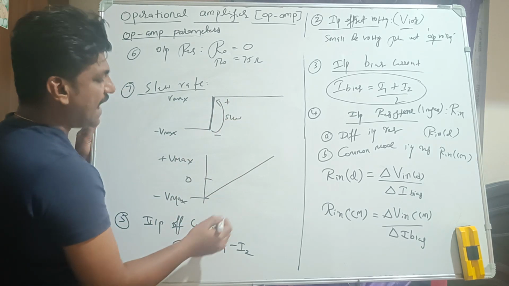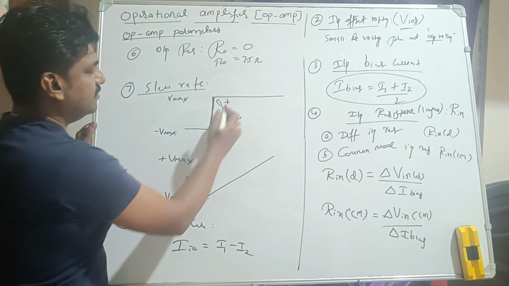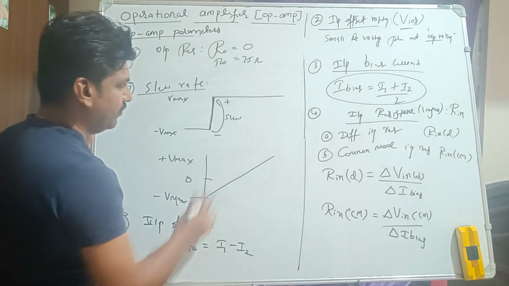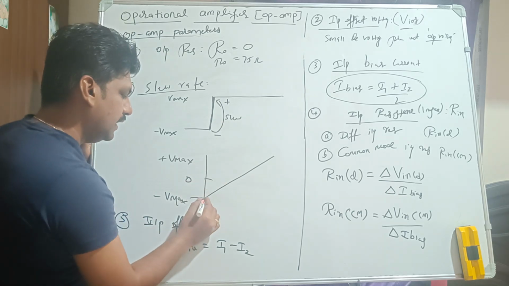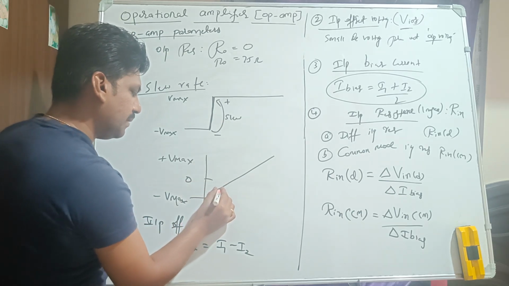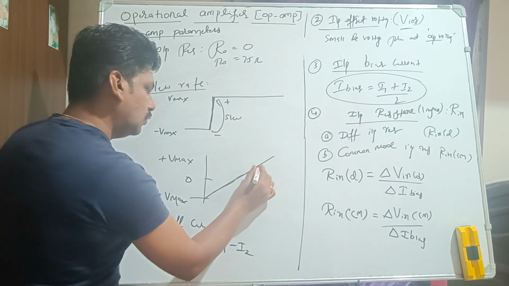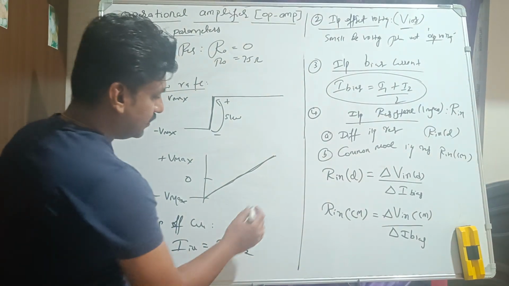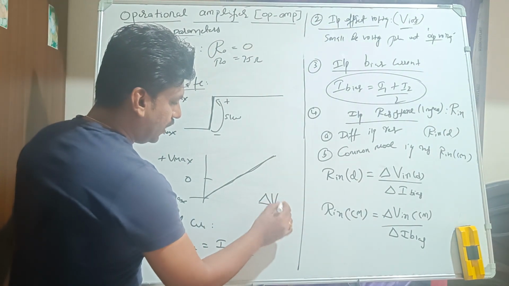It is the maximum rate. Maximum means this slew should be very high and this step should be very wide, so that we get the maximum rate of change of output voltage, right? That is delta V out.